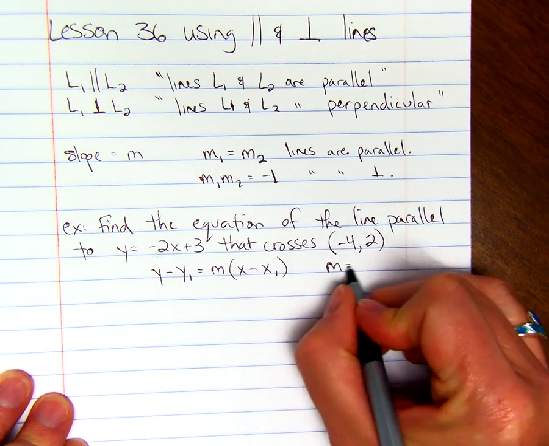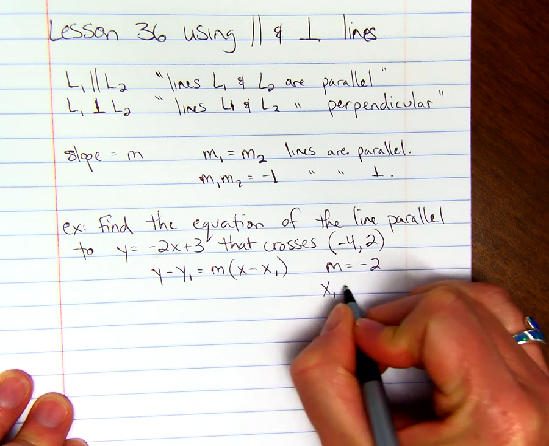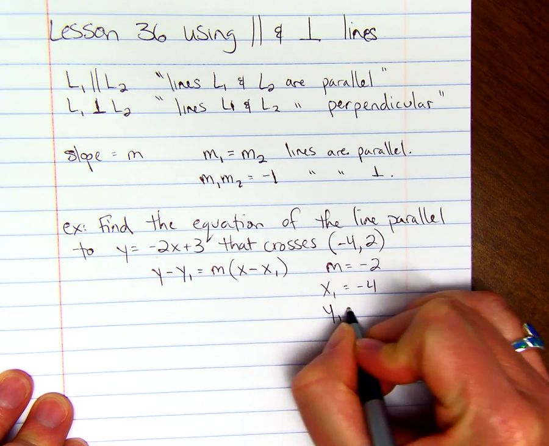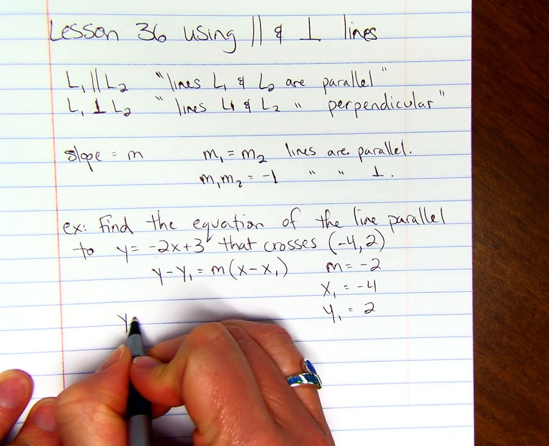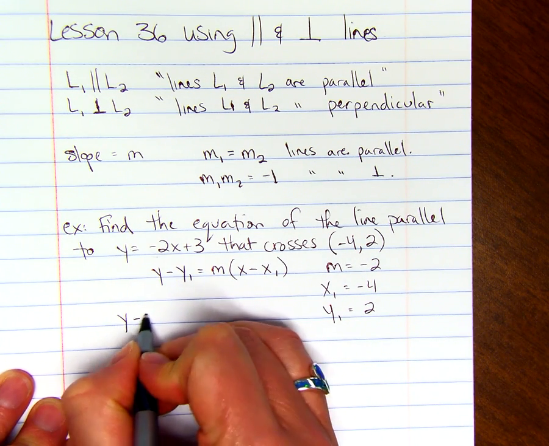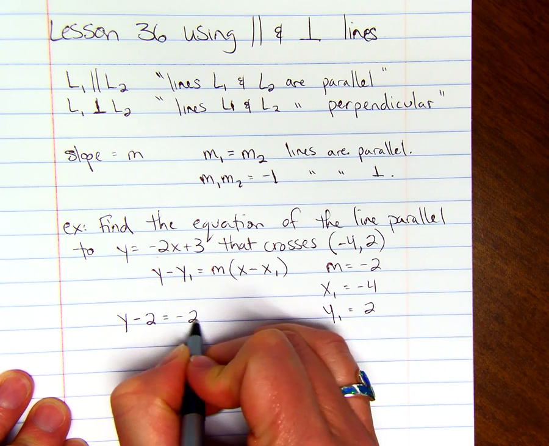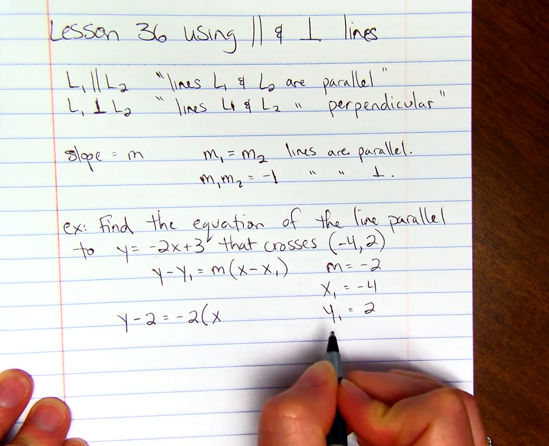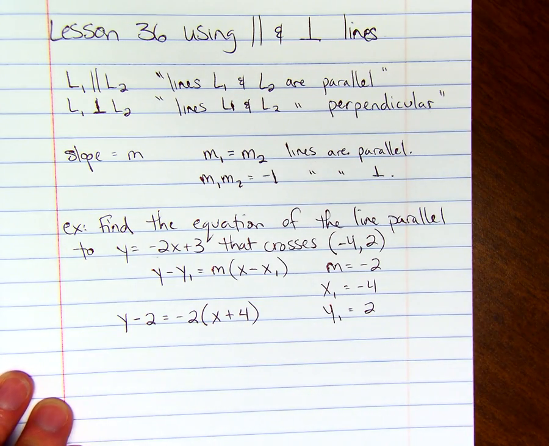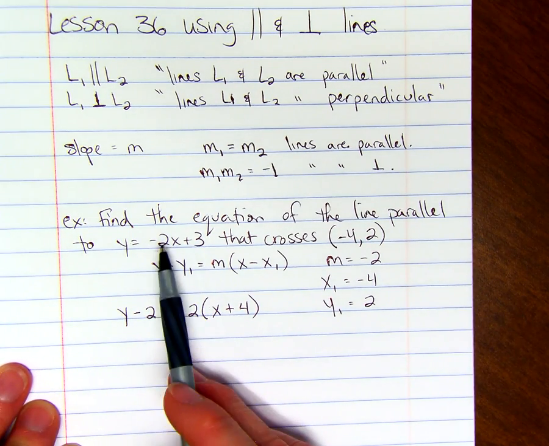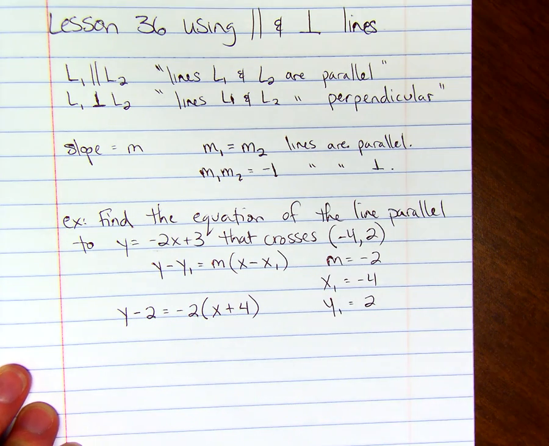So we have m equals -2, x sub 1 equals -4, y sub 1 equals 2, and we can plug it into our formula. Y minus 2 equals -2 parentheses x minus -4, or plus 4, and there's the equation of a line that's parallel to this line and crosses that point.